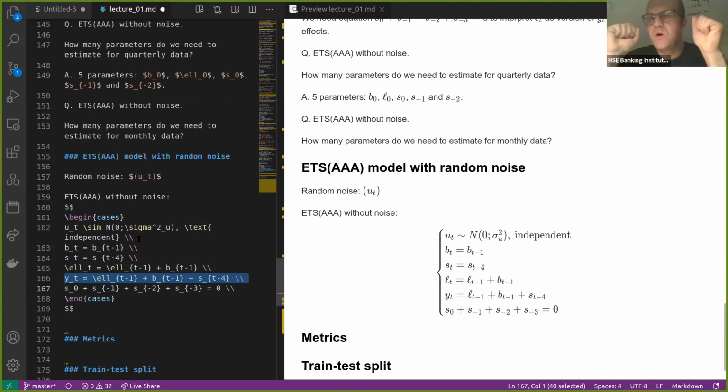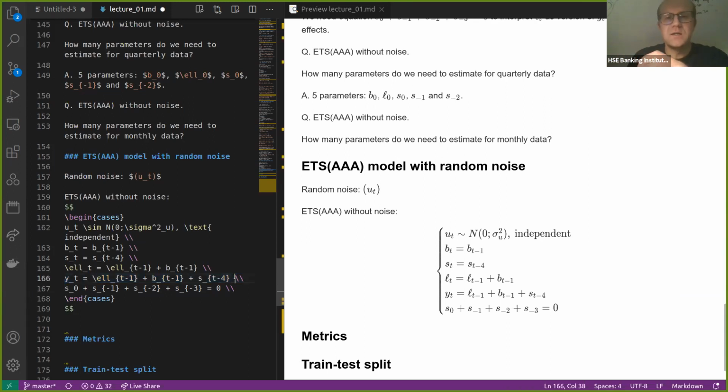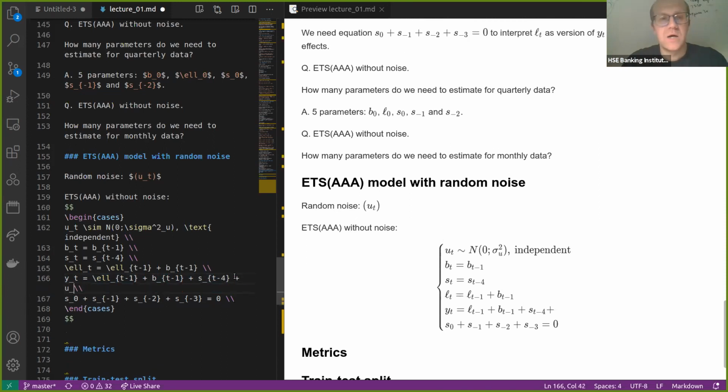So you will observe positive news just now. If UT, the current random effect, is positive, then you will have higher Y. So the first modification we will make is to add the current random noise to our observed Y. So it will be YT.